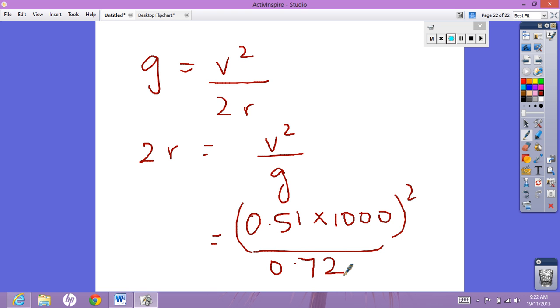Then we simply need to divide by 2 to get R, a value which is given in the answers. Don't forget that that is 2R, and we need to now divide by 2 to get our value. So make sure you do that at the end there.